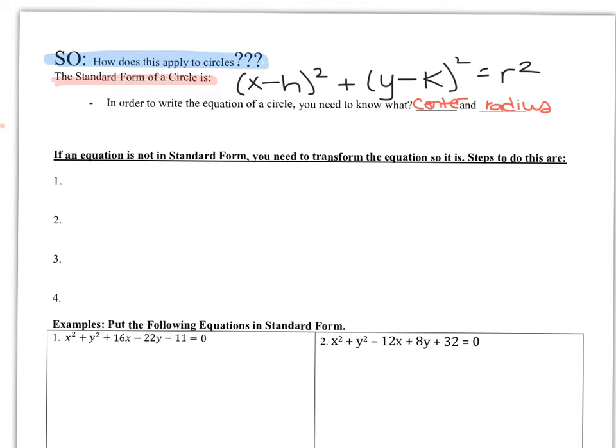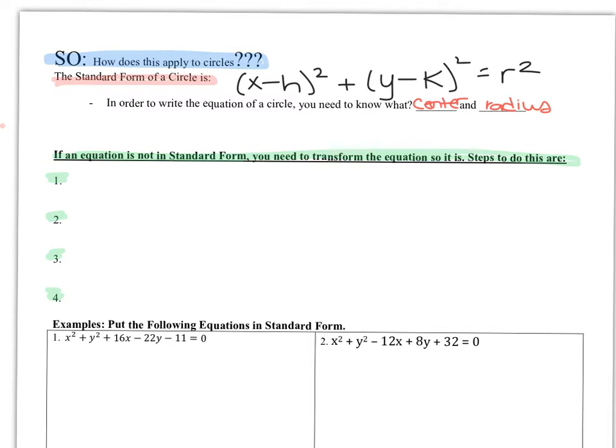When an equation is not in standard form, I have to get it into standard form by completing the square. The steps for how I would do that are very similar to the steps we just did on the other page. However, we're not having to go all the way to solving, which makes it a little bit nicer.